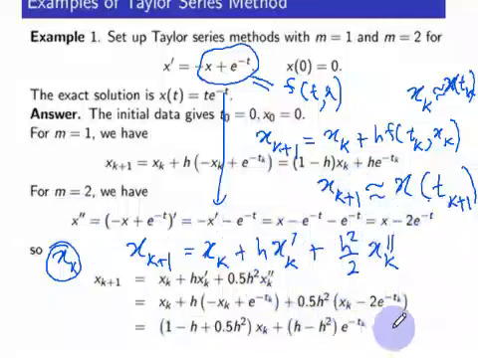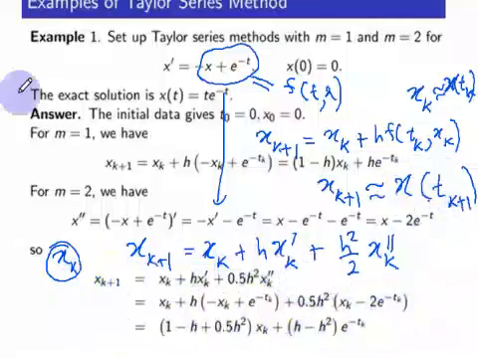So this is the approximation to this function x evaluated at t k plus 1. This is called the second order Taylor series approximation.